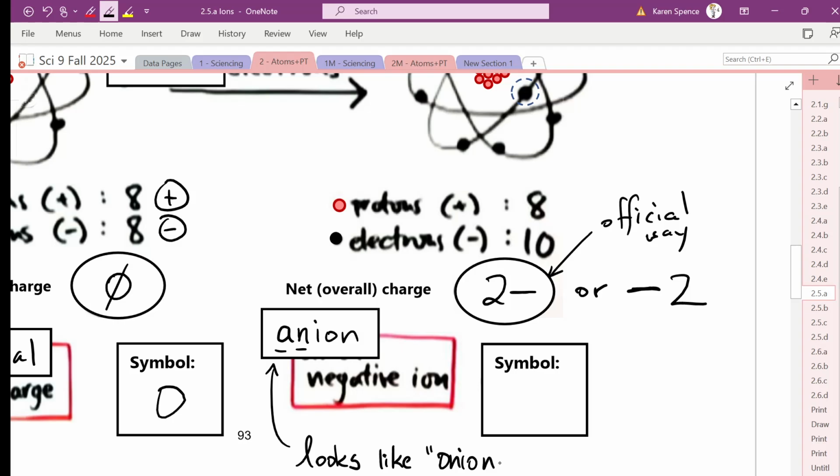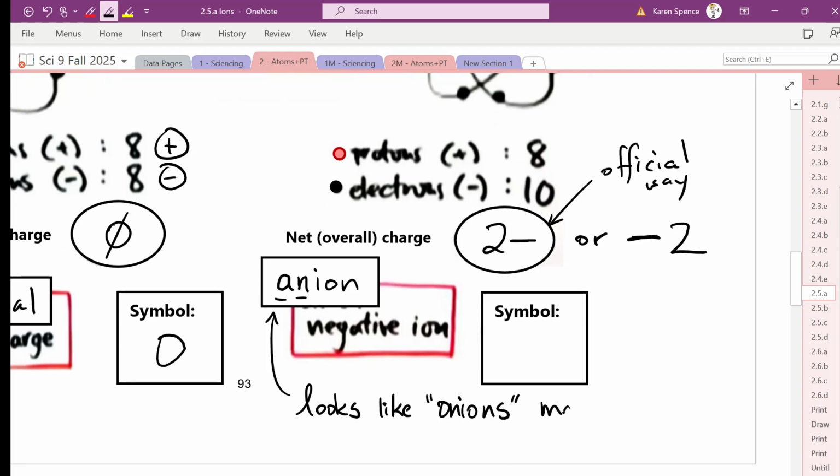What do onions do when you chop them up? They make you cry, and crying, well, if it's from an onion, is that positive or negative? That's a negative experience because your eyes hurt, right? So onions make you cry, and that's negative.